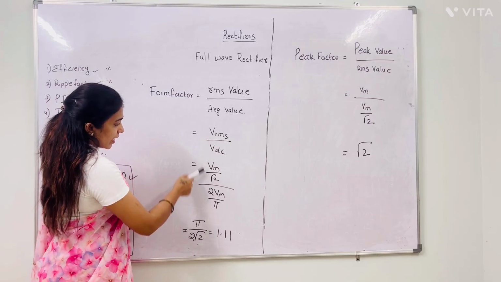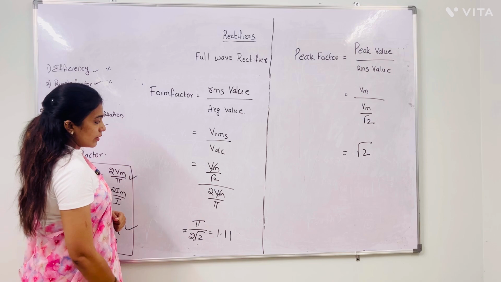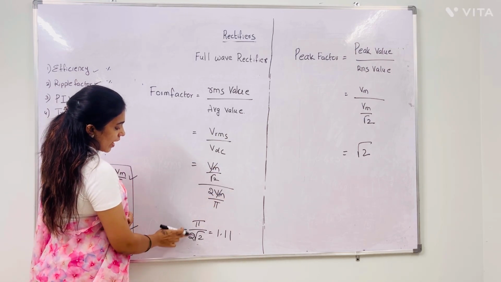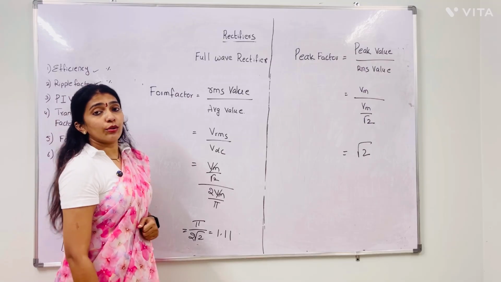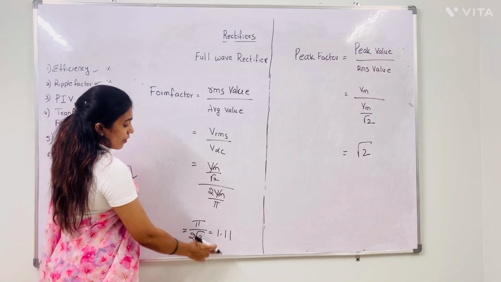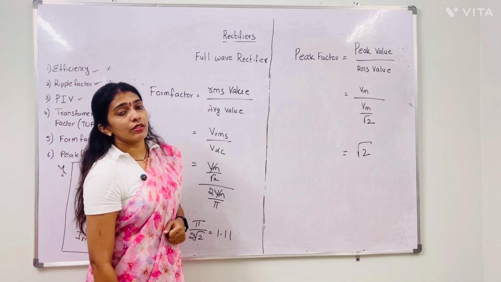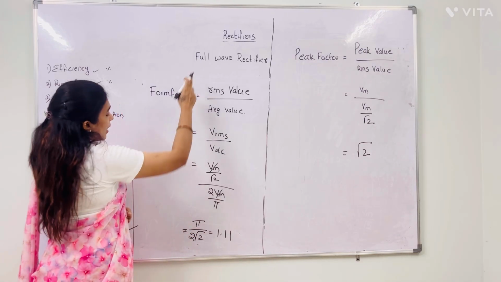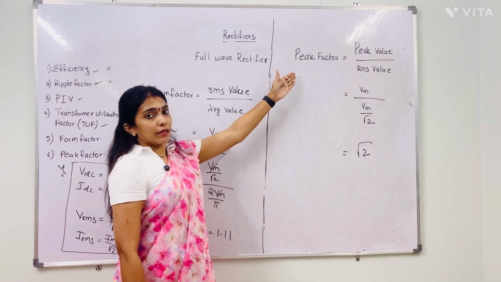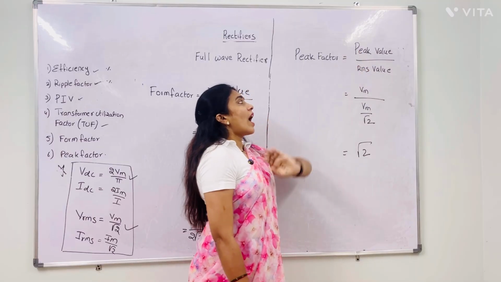After simplification, Vm gets cancelled, so pi is at the numerator and the denominator is 2 root 2. So totally we got pi by 2 root 2, which is 1.11. So the form factor of full wave rectifier is 1.11.